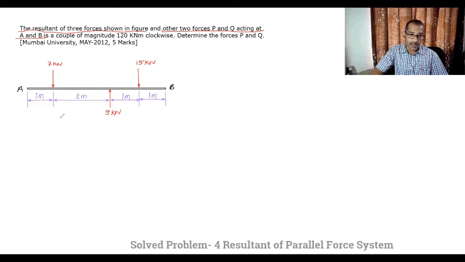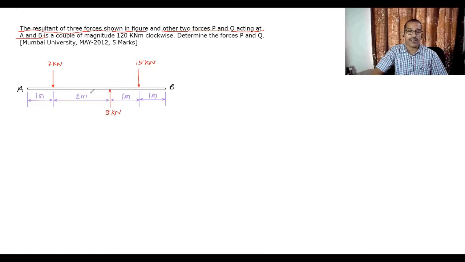The resultant of such 5 forces, 3 which are shown and the other 2 which are not represented in the figure, is a couple of magnitude 120 kilonewton meter clockwise. That means in the problem, the 3 forces are known and the other 2 are unknown forces.